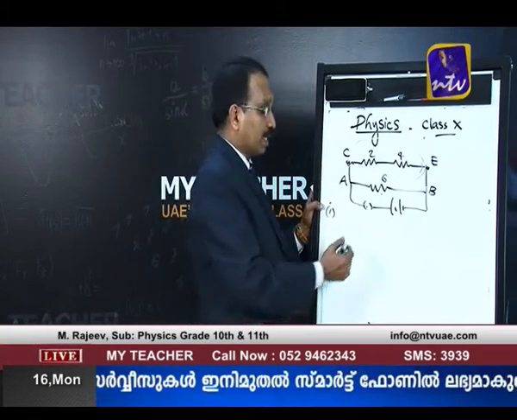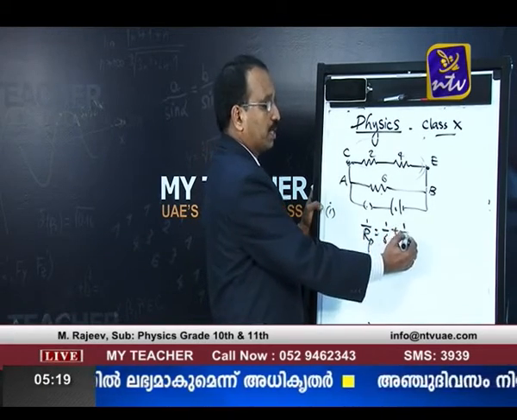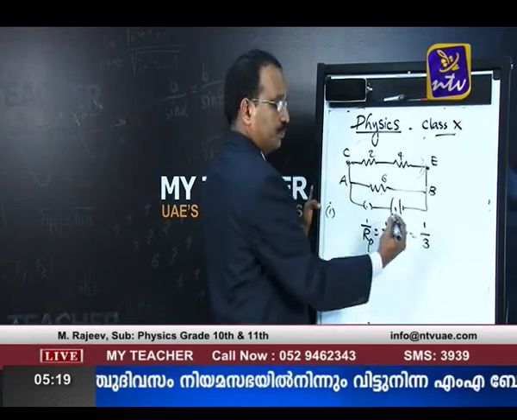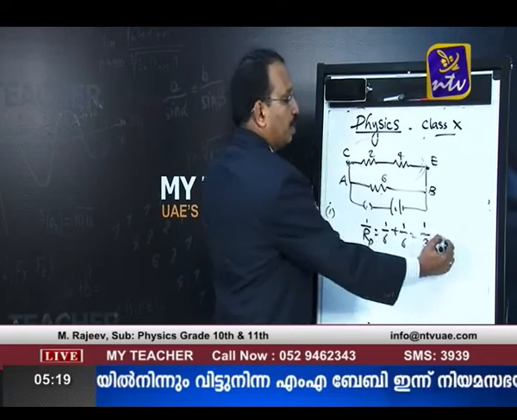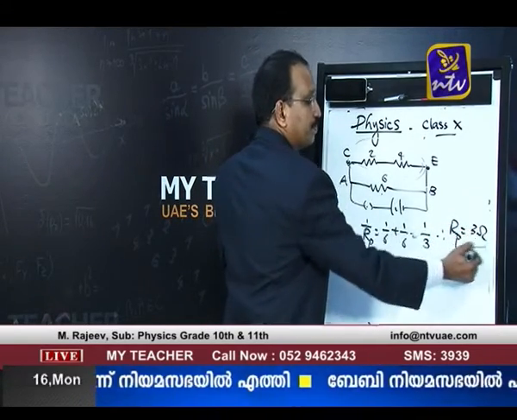When 2 resistors are connected in parallel, what is the effective resistance? 1 by Rp is equal to 1 by 6 plus 1 by 6. So that is 1 by 3. It's clear. Therefore, total resistance across the combination is 3 ohms.